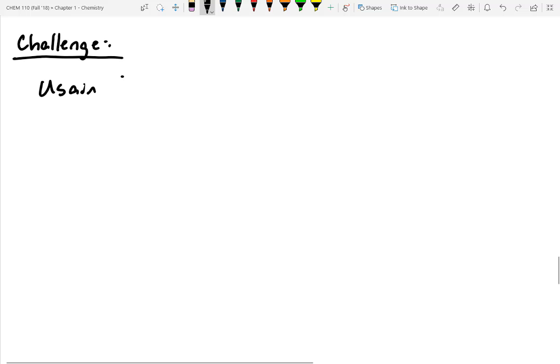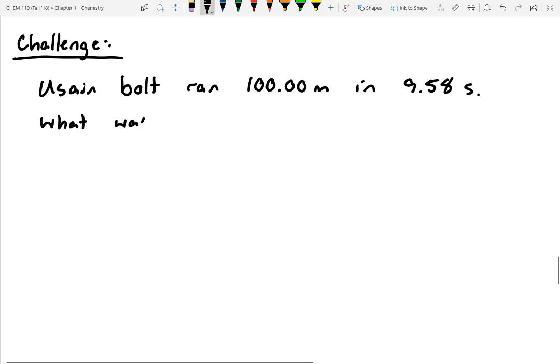So Usain Bolt ran 100.00 meters in 9.58 seconds. What was his speed? I should say average speed because it wasn't the same the whole way through. In miles per hour.